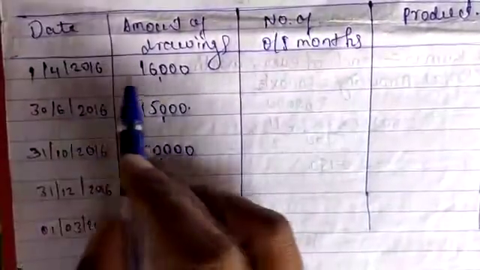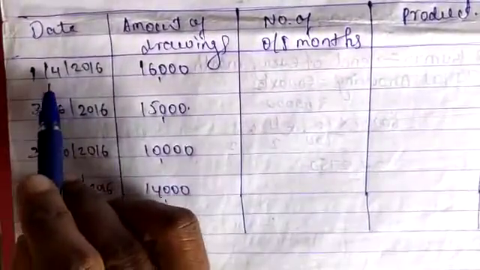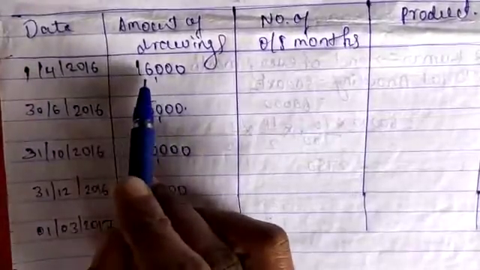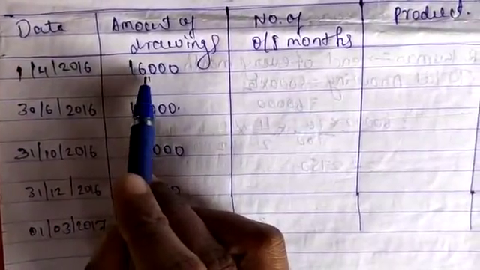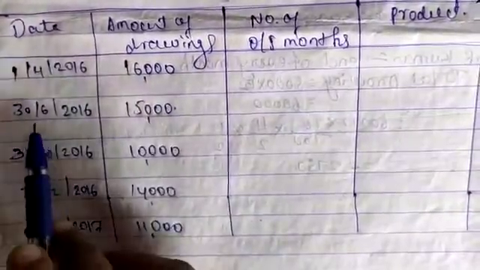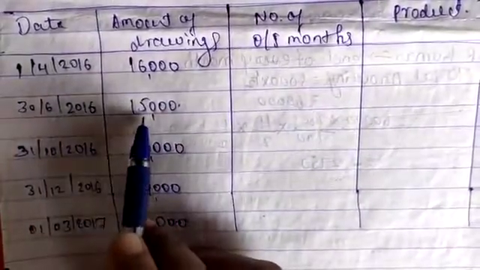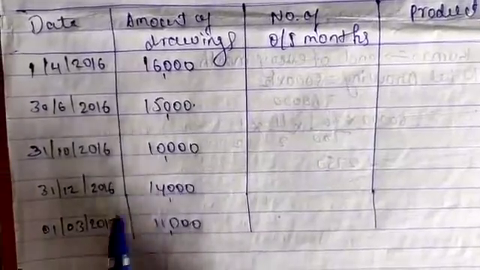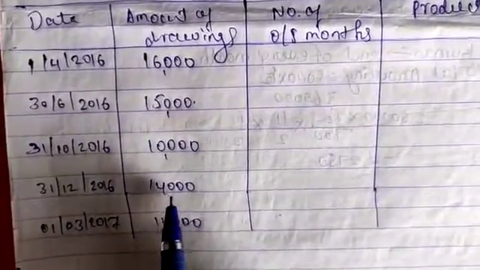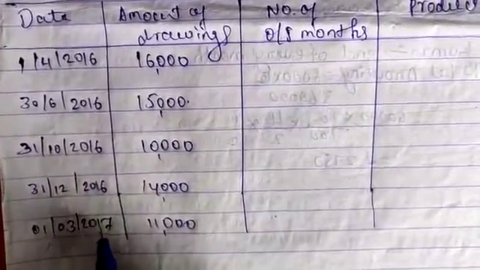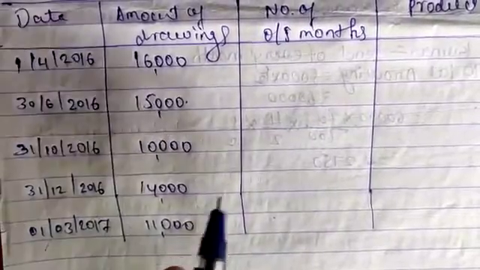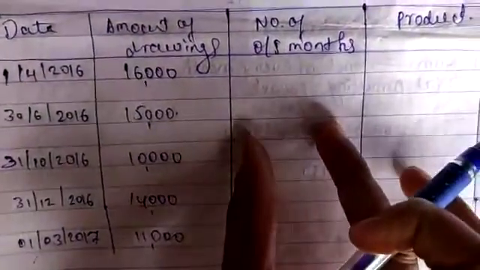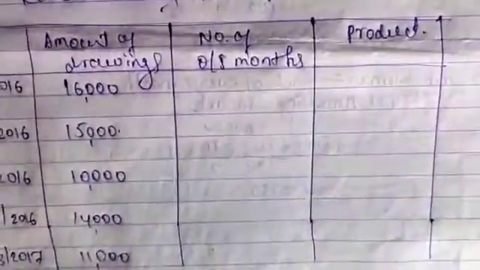First the date column and amount of drawings: on 1st April 2016 drawings 16,000, 30th/6/2016 15,000, 31/10/2016 10,000, 31/12/2016 14,000, and 1/3/2017 11,000. By taking this information you should find out the number of outstanding months and product.